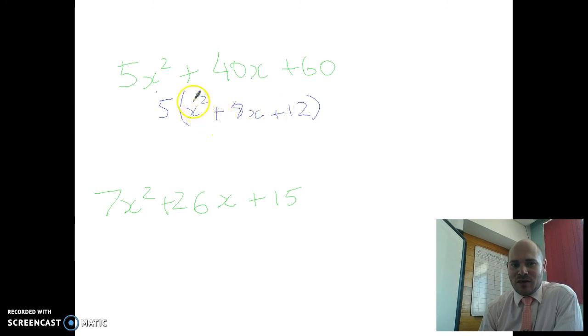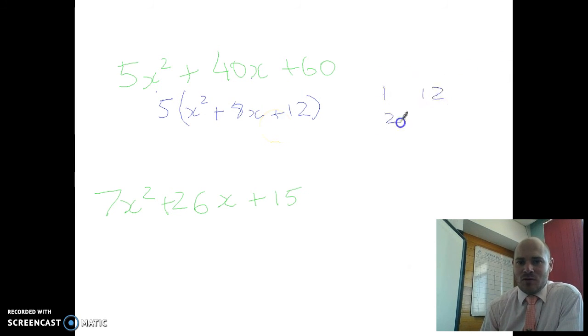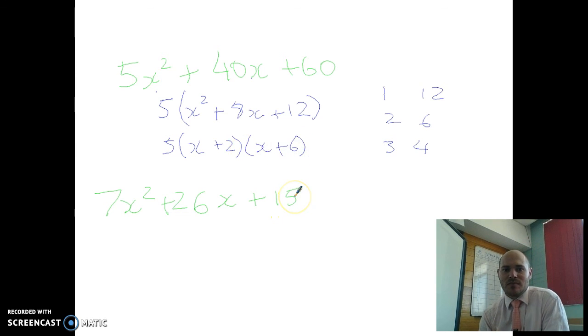Once I've done that, I look, can I break that down more? I repeat that process as before. So my factors of 12 are 1 and 12, 2 and 6, 3 and 4, and I look which ones are going to get me to 8, my 2 and 6, so I can write that as 5 outside of x plus 2, x plus 6.